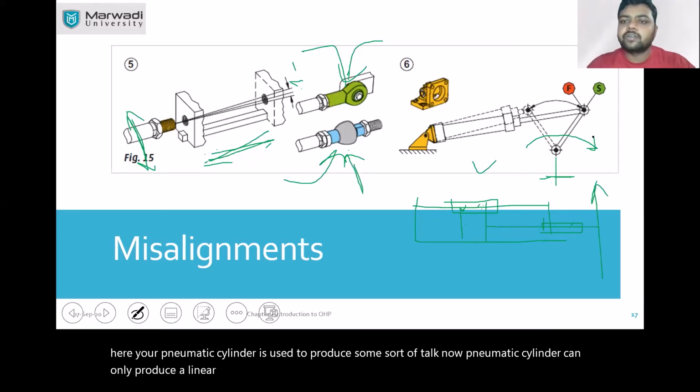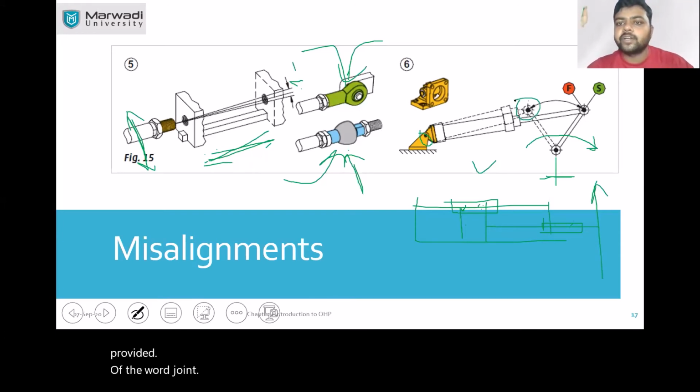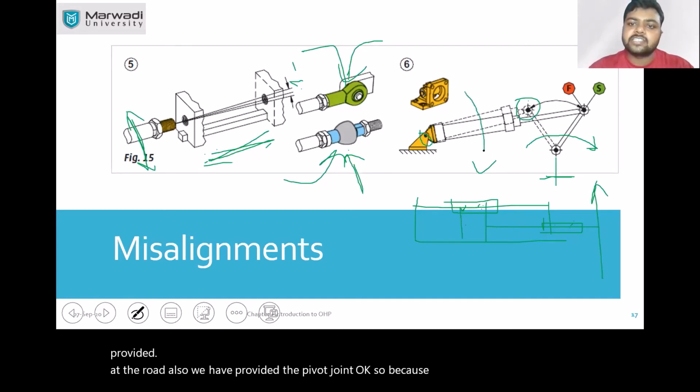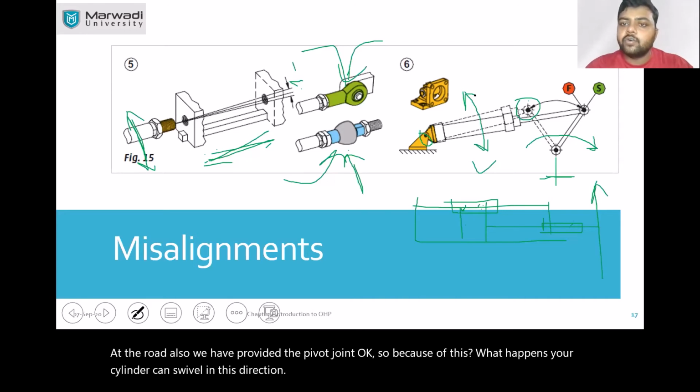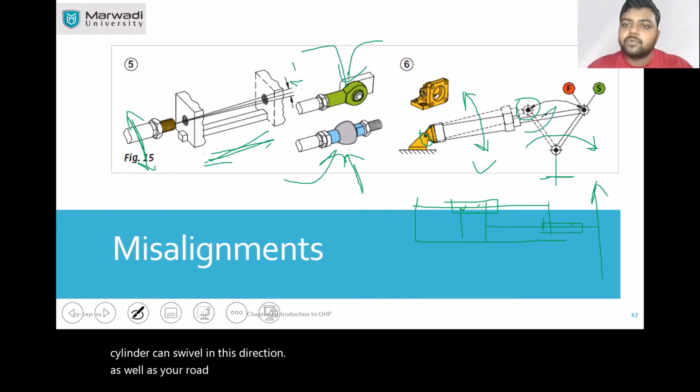So what we are doing, you see at this end we have provided a pivot joint, and at the rod also we have provided a pivot joint. Because of this, your cylinder can swivel in this direction, and your rod can also allow the swiveling motion of the connection part.